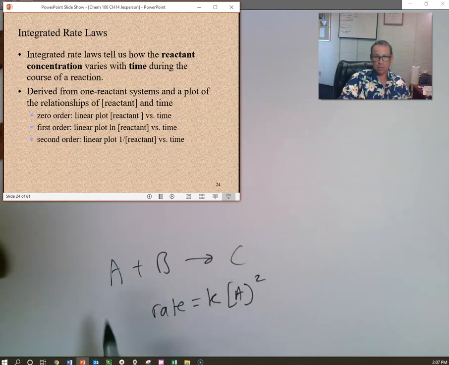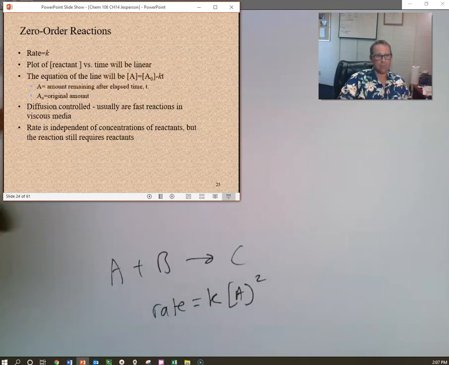T equals 0 means the beginning of an experiment, with a given concentration of A, what will my concentration of A be after an hour or after X amount of time? How much A will I have left? And integrated rate laws allow us to do that, okay?